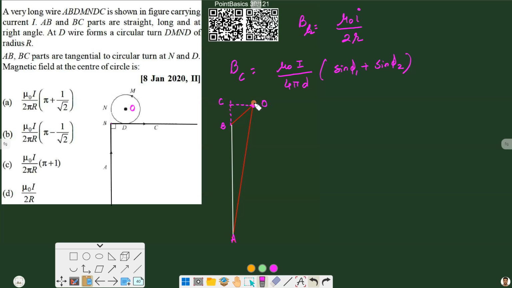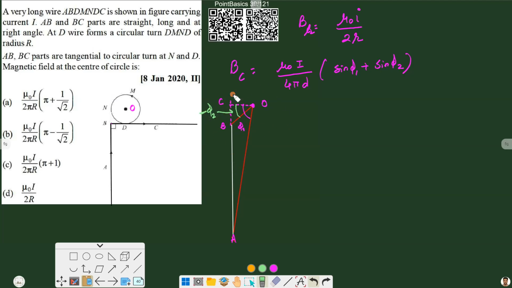Here OC will act as the perpendicular bisector for this conductor. So the angle of OA from OC will be known as phi 1, and the angle of OB from OC will be known as phi 2. And in the BC part, as the conductor is not here, we will take it as negative phi 2.